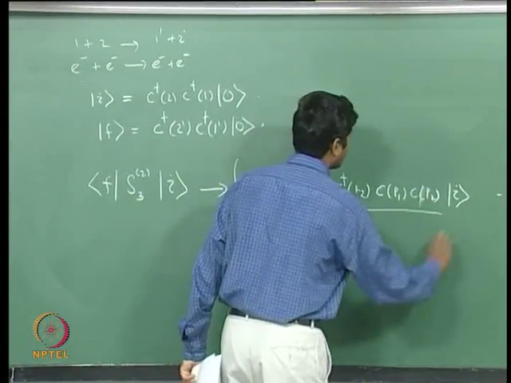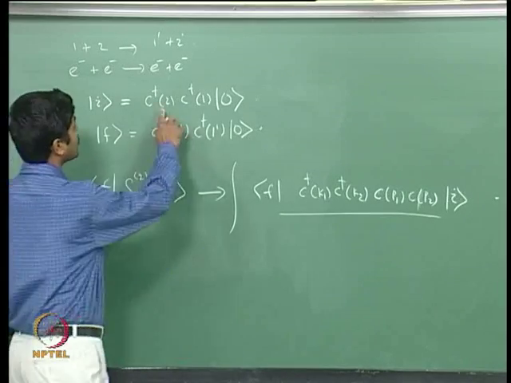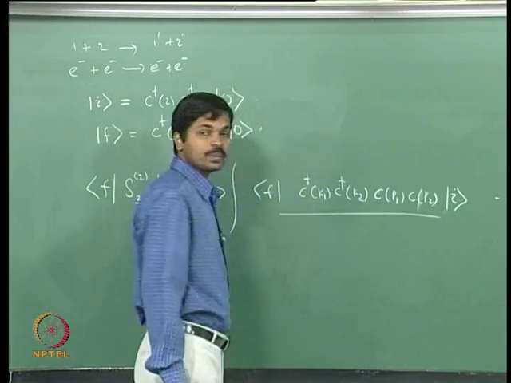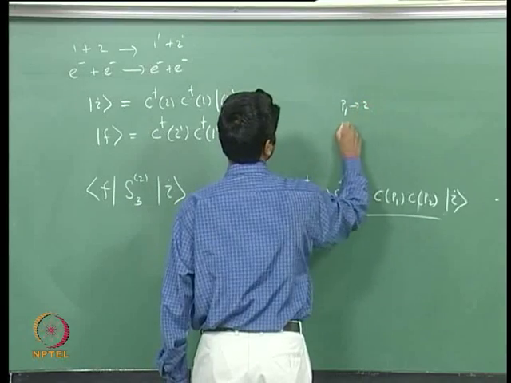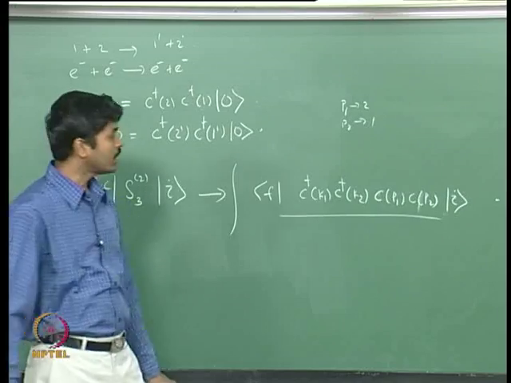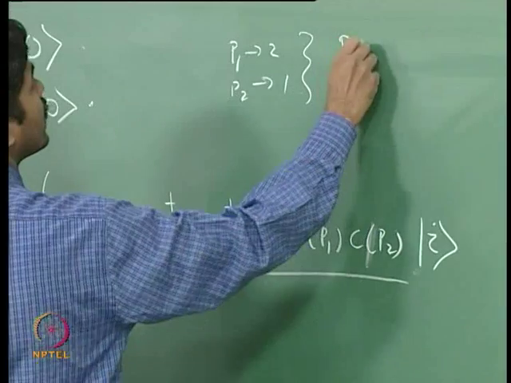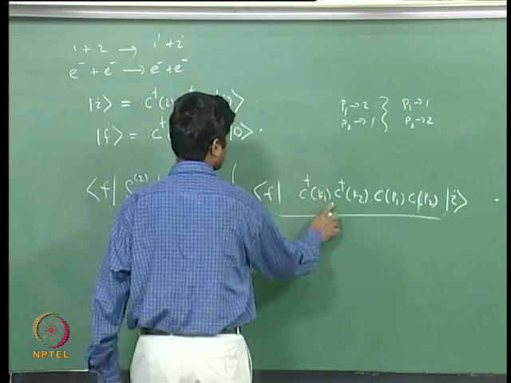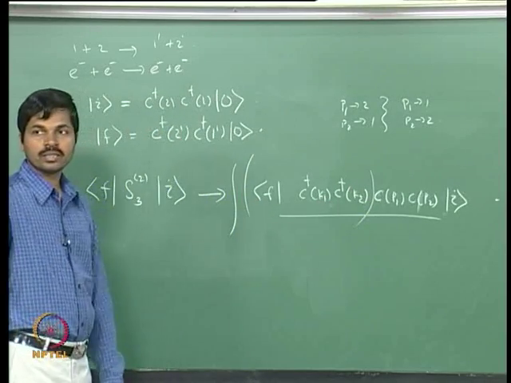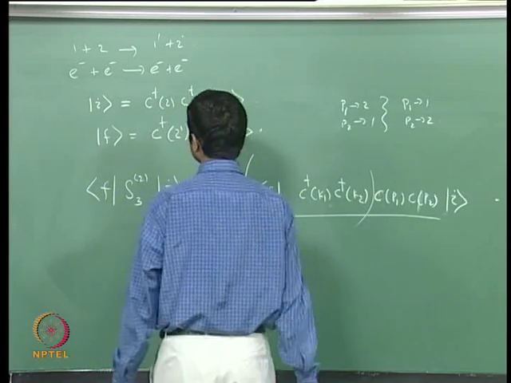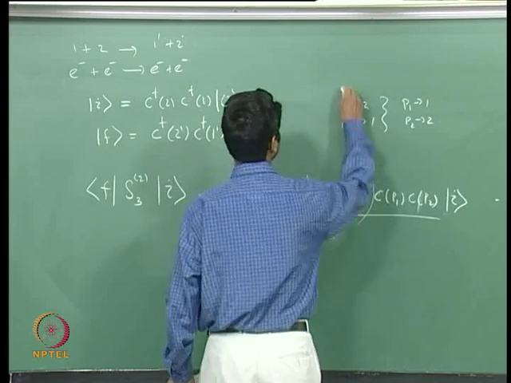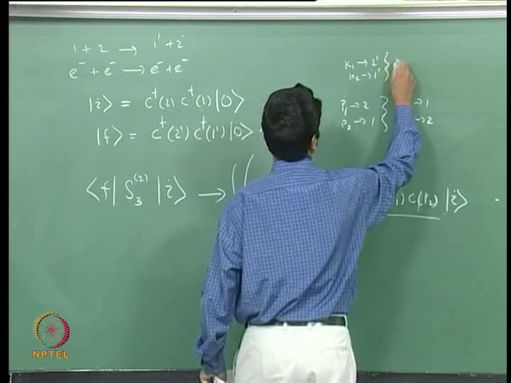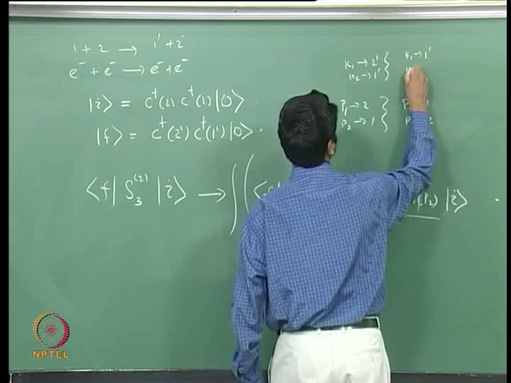So what do you get from these terms here? Because of the presence of this term, as you can see, it will give a non-zero contribution if P1 equals 2, P2 equals 1, or it can give a non-zero contribution when P1 is 1, P2 equals 2. Similarly, looking at this part, you will have a non-zero contribution if K1 is 2 prime, K2 is 1 prime, or if K1 is 1 prime, K2 is 2 prime.